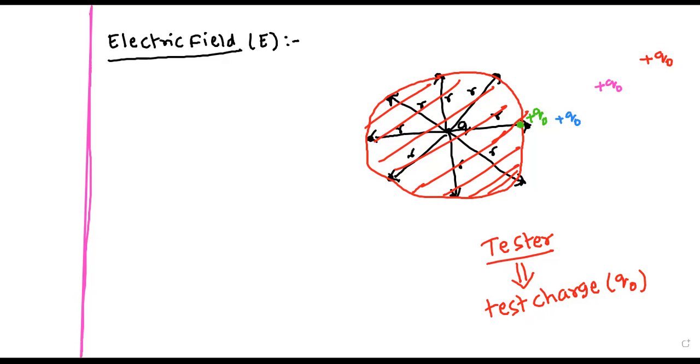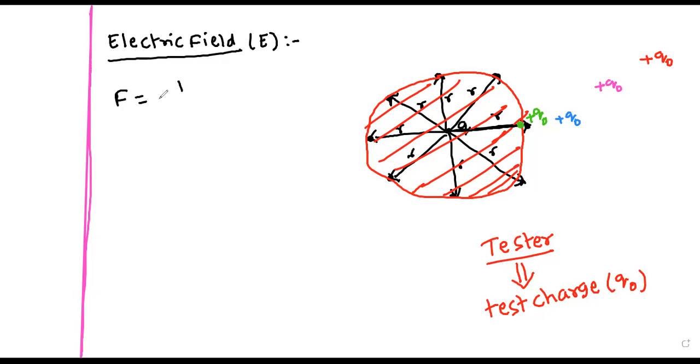Like that, I got a distance r, up to which the given charge Q distributes its charge. Whenever the test charge is kept here, the given charge is Q and the test charge is q naught, so there will be a Coulombic force acting between the two particles.